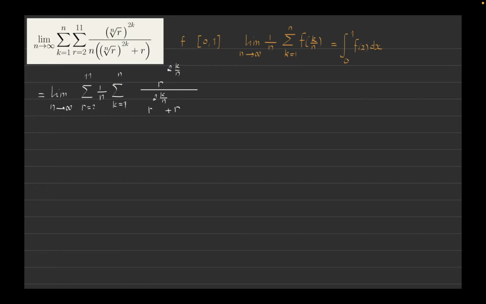So this is why I would say that with the hope that all these limits exist, I am allowed to replace the summation and limit operations. So I'd write sigma first, then I would write the limit of 1 over n, sigma, k goes from 1 to n, r to the power of 2k over n, divided by r to the power of 2k over n plus r, n goes to infinity.